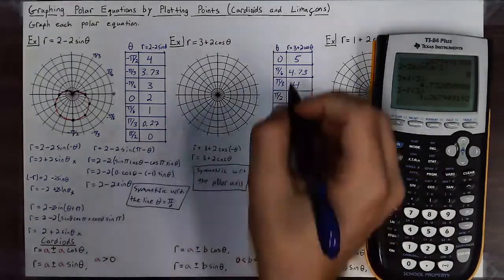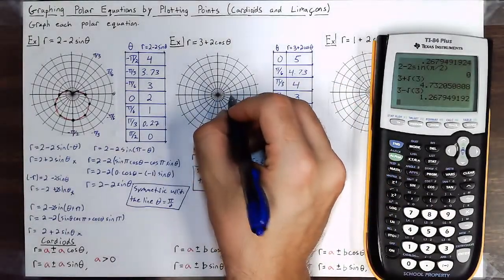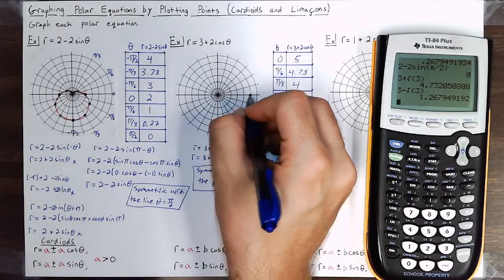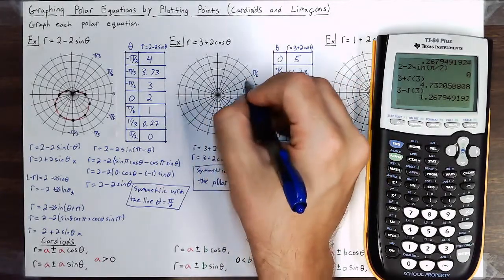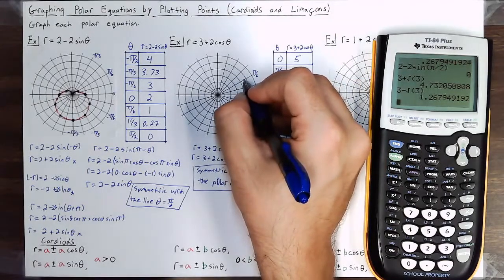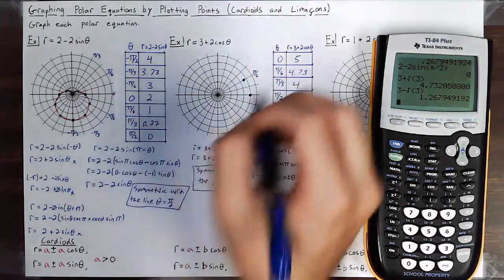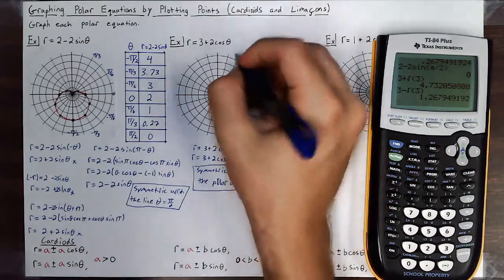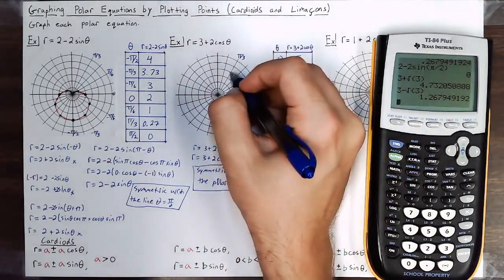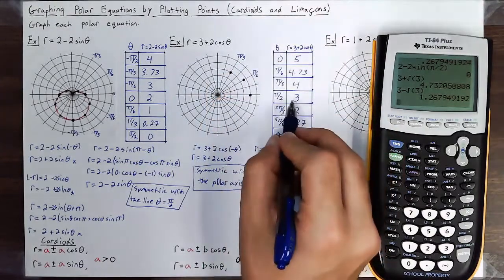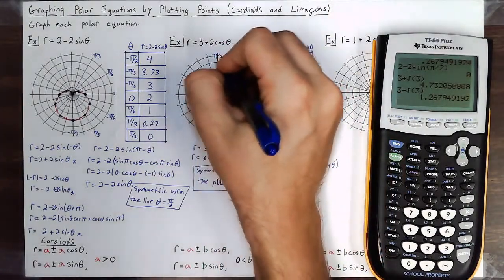Now I'll plot these points. So 0, 5: 1, 2, 3, 4, 5. Pi over 6, which is 2 tick marks up, is at 4.73. So that's 5. So 4.73 would be about right there. Pi over 3 is 4. Pi over 2, which is straight up, is a radius of 3.